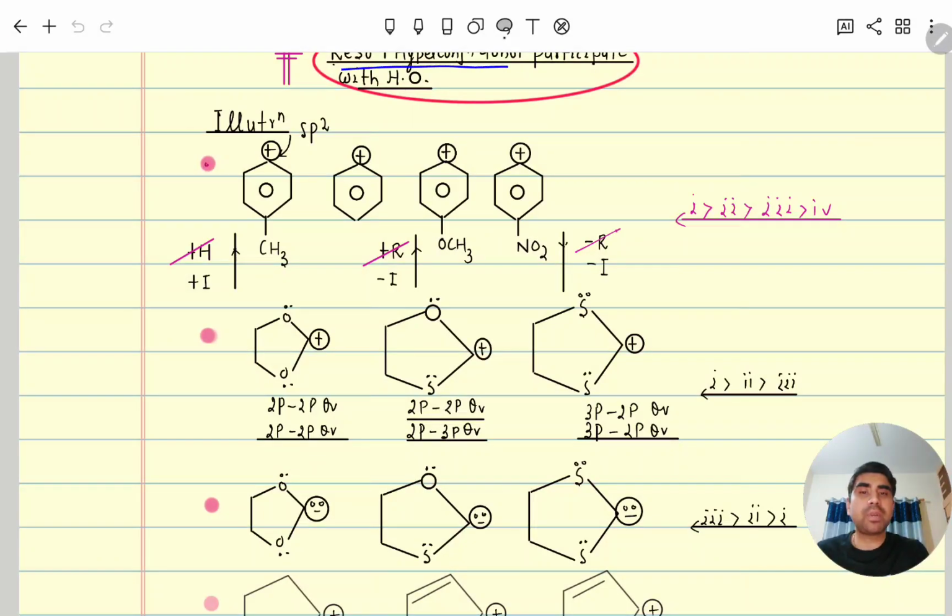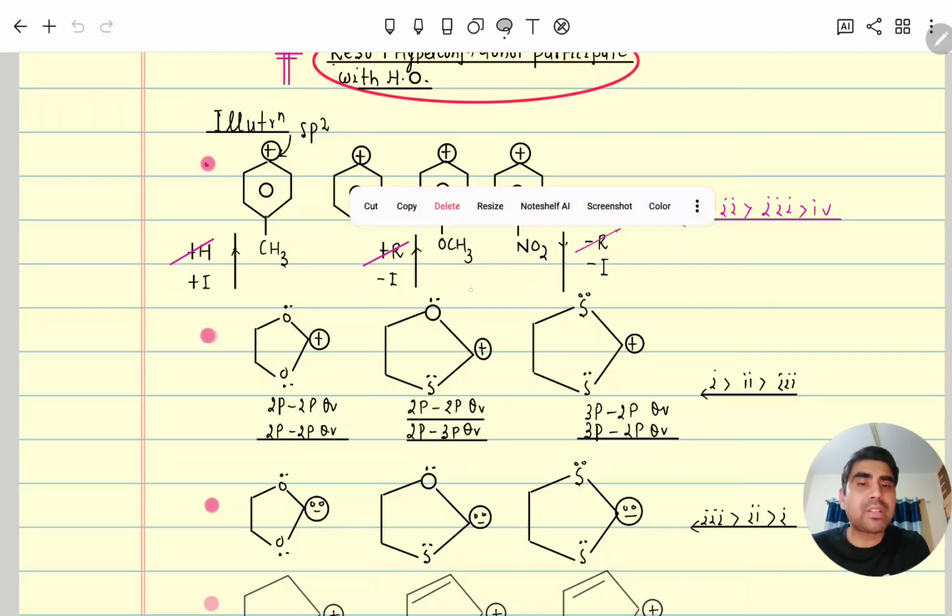Next, here you can see resonance also cannot help. So resonance and hyperconjugation never occur in hybridized orbitals. So here we will see only sigma resonance. Sigma resonance can happen. Sigma bond, you know that it is in a hybridized orbital. So this CH3 is giving electron. OCH3 has a minus I effect.